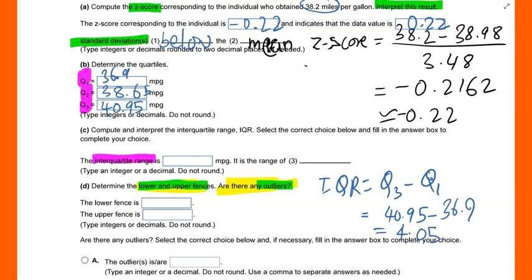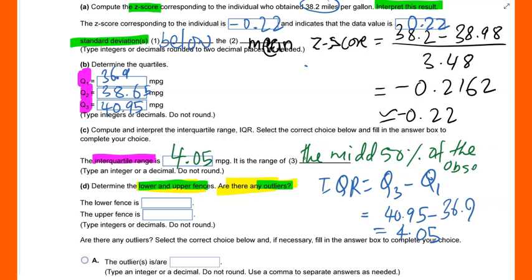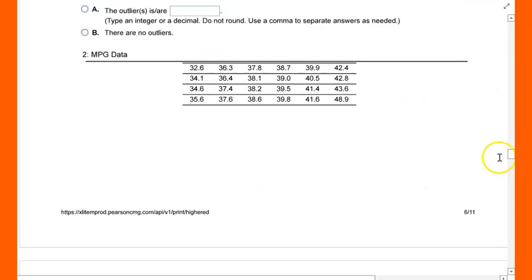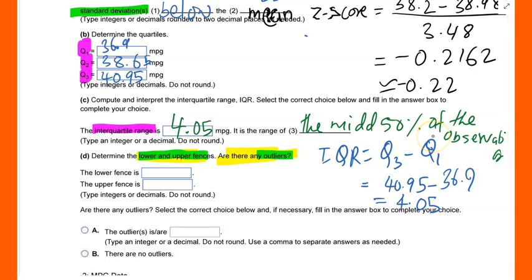That's the interquartile range, and this is the range of the middle 50% of the observations.